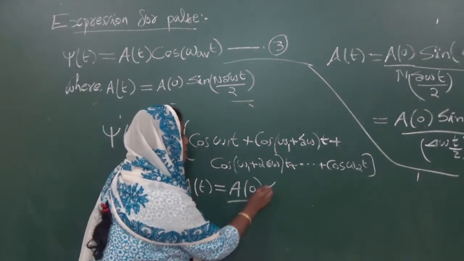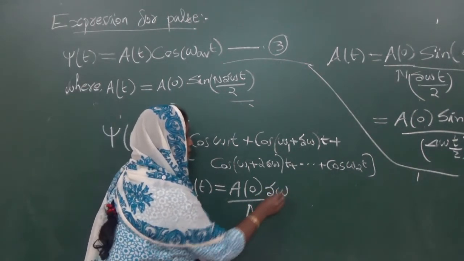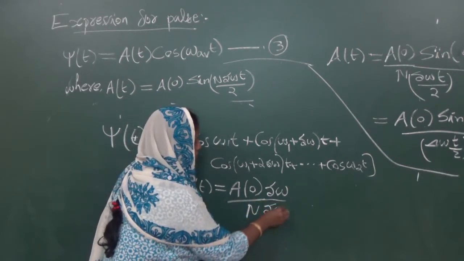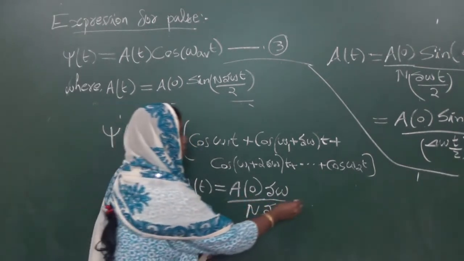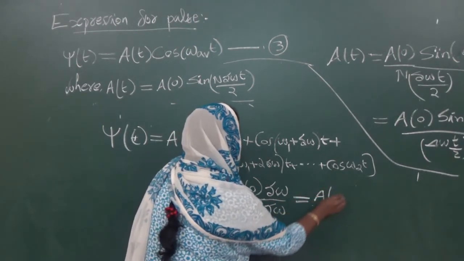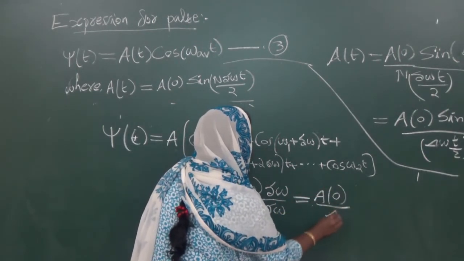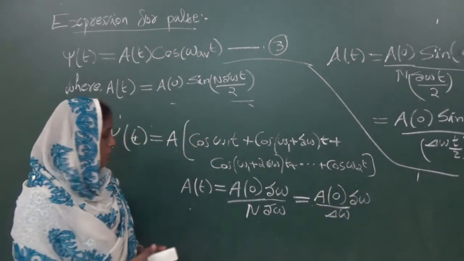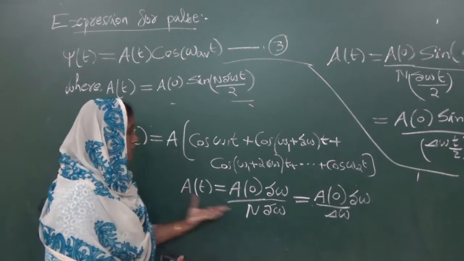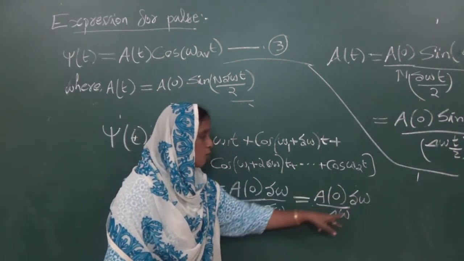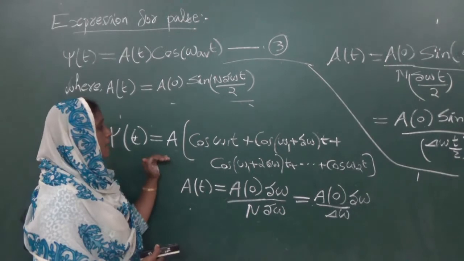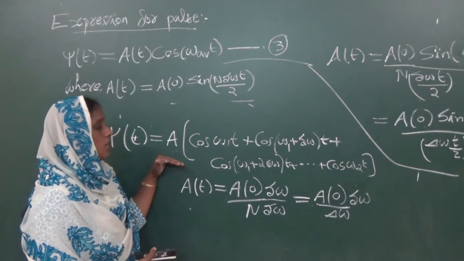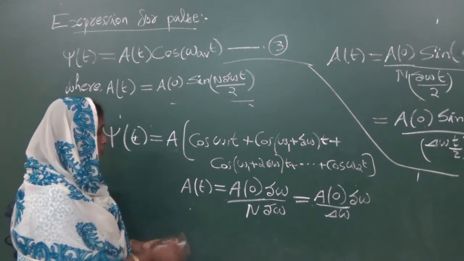Suppose we multiply both the numerator and denominator with delta omega. Then you get the expression A of 0 delta omega by delta omega. Now you can substitute this expression in the expression for the superposition of different harmonics. So we can check the expression now.